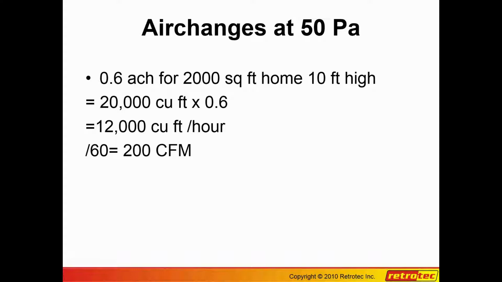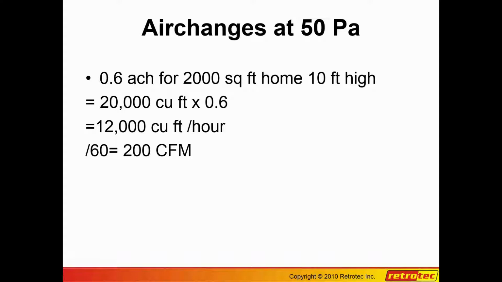So in this case, if we've got a 2,000 square foot home, 10 feet high, the volume is 20,000 cubic feet. So 0.6 Airchanges is 0.6 times 20,000, which is 12,000 cubic feet per hour. We divide that by 60 and we get 200 cubic feet per minute.